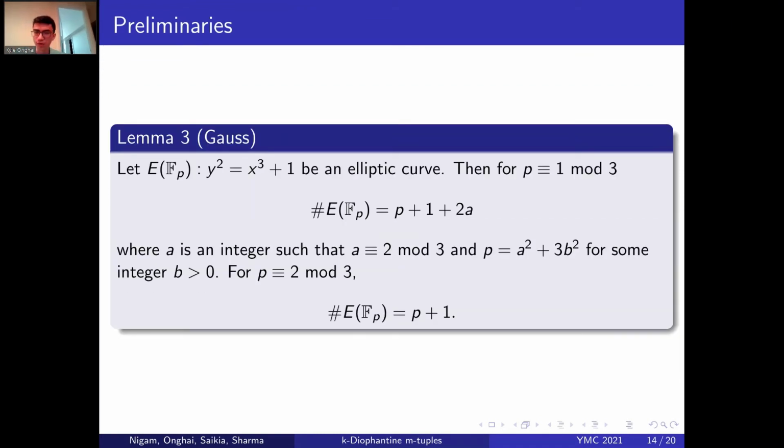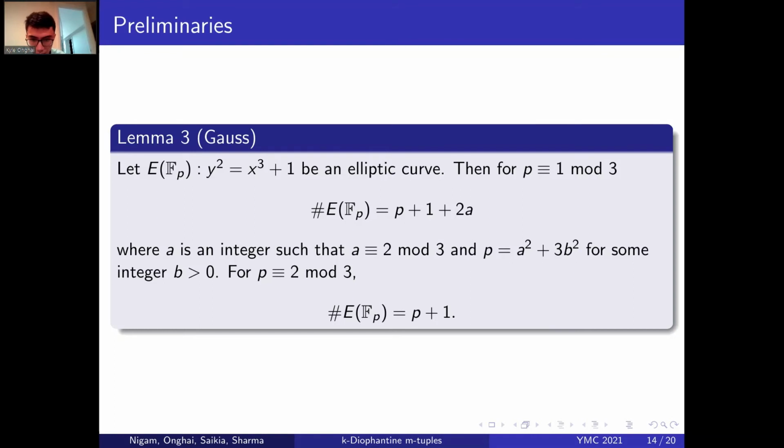We also need this lemma or result by Gauss, and it's basically just a formula for the number of points on the elliptic curve y squared equals x cubed plus 1 over Fp.